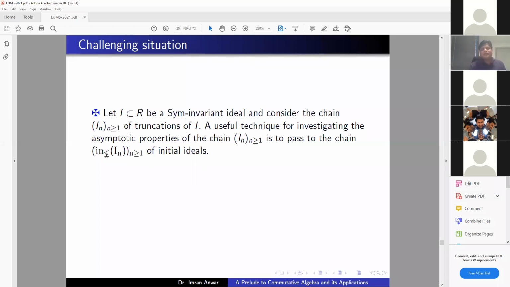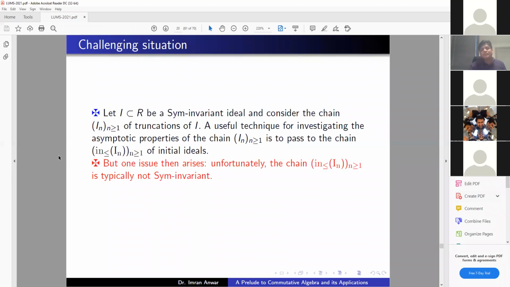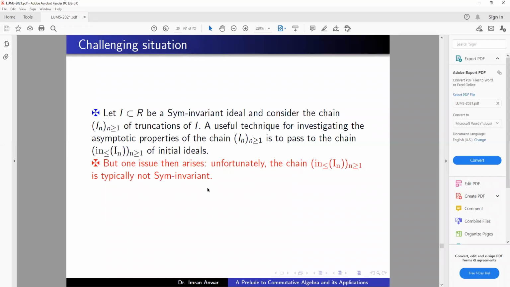But there was an issue: the original ideal was Sym-invariant, but when one computes its initial ideal, the truncation chain of the initial ideal unfortunately does not behave well. It is typically not Sym-invariant. There are counterexamples in the references I will share at the end, where you can see this typical problem.